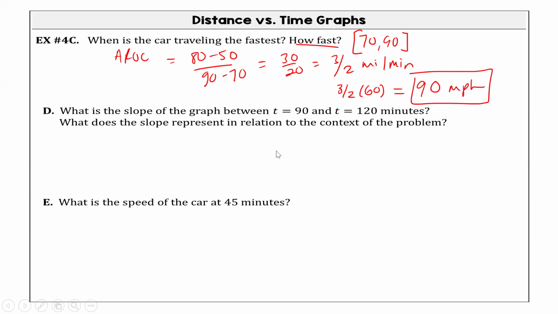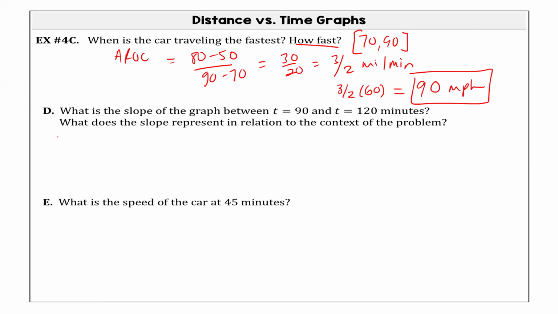Are we okay? Yes. What is the slope? Your slope is your average rate of travel, your miles per hour. Slope is just saying what your change in Y over your change in X represents. It's your miles per hour.